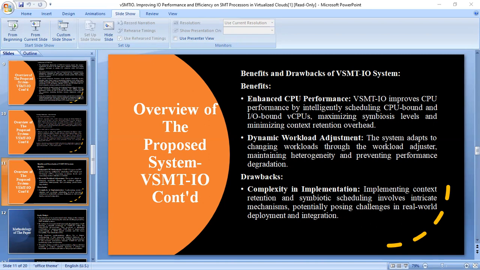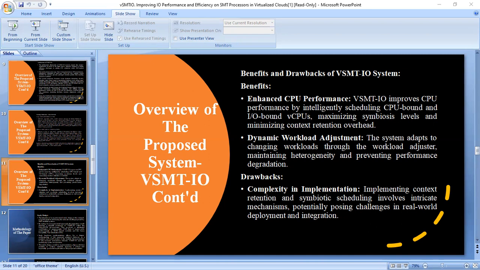Coming to the conclusion part of the project, the paper introduces VSMT-IO as a groundbreaking solution to address the efficiency challenges in CPU schedulers on SMT-enabled systems. The study not only identifies these challenges but presents context retention as an innovative remedy.